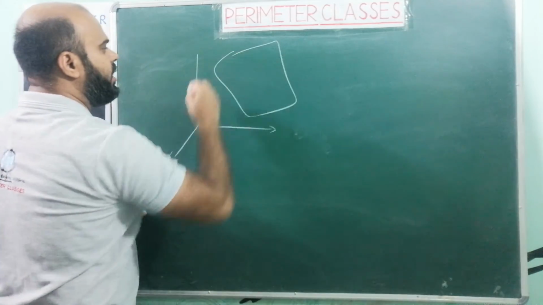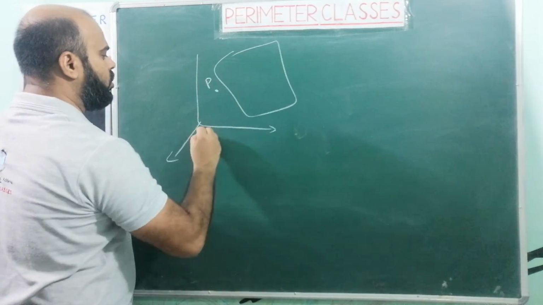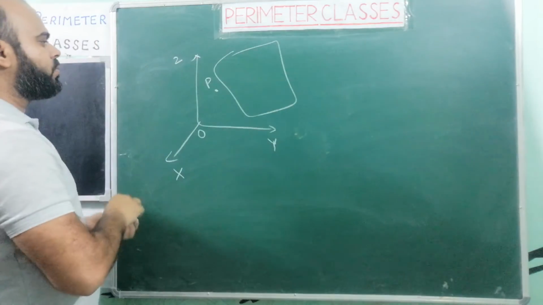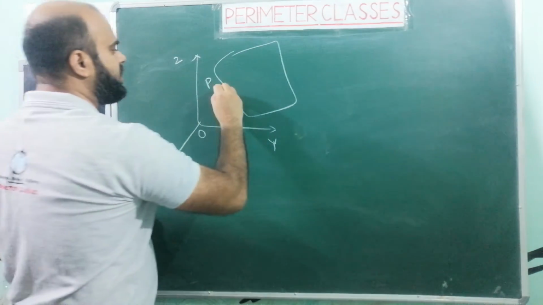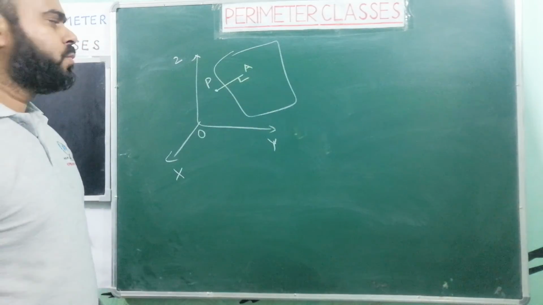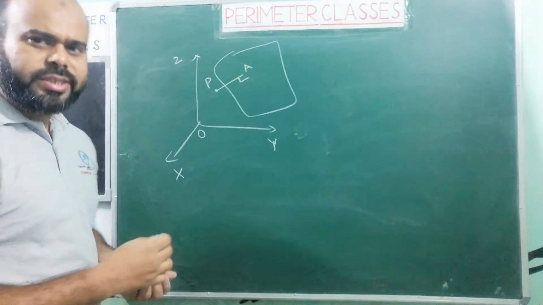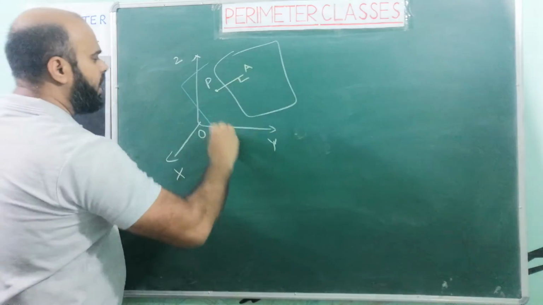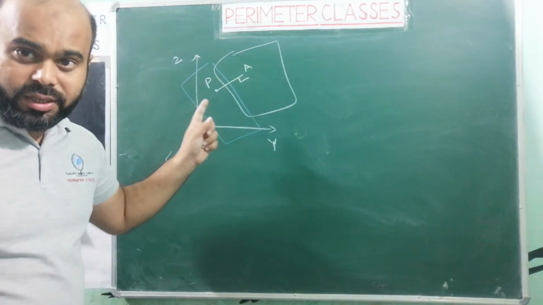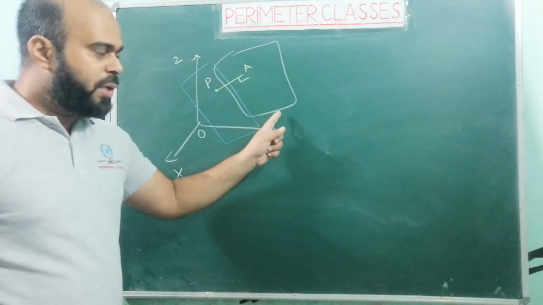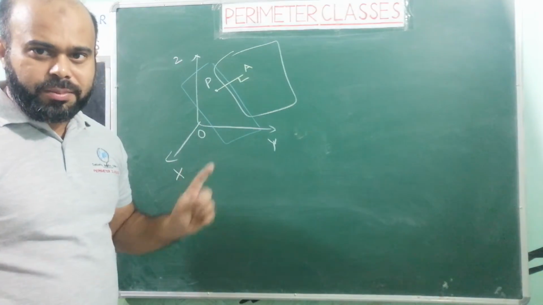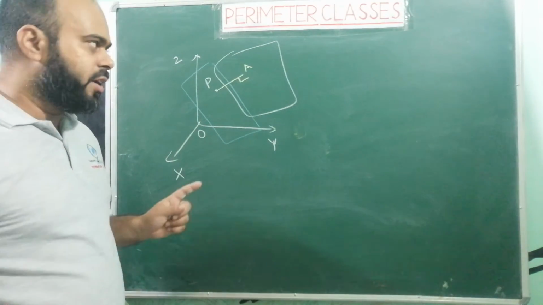A plane is somewhere here, the point is here, the origin is here, this is x, y and z, and in that case you have to find the distance PA. So here also we will do the same thing. We will draw a plane parallel to the given plane passing through the given point P. The plane is also given, the white plane, and the point P is also given similarly as it was there.